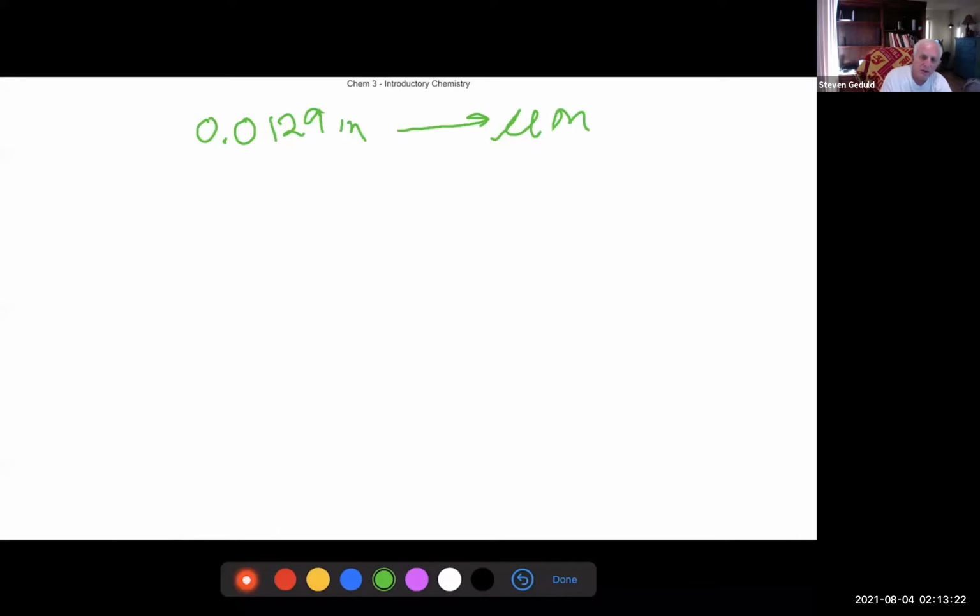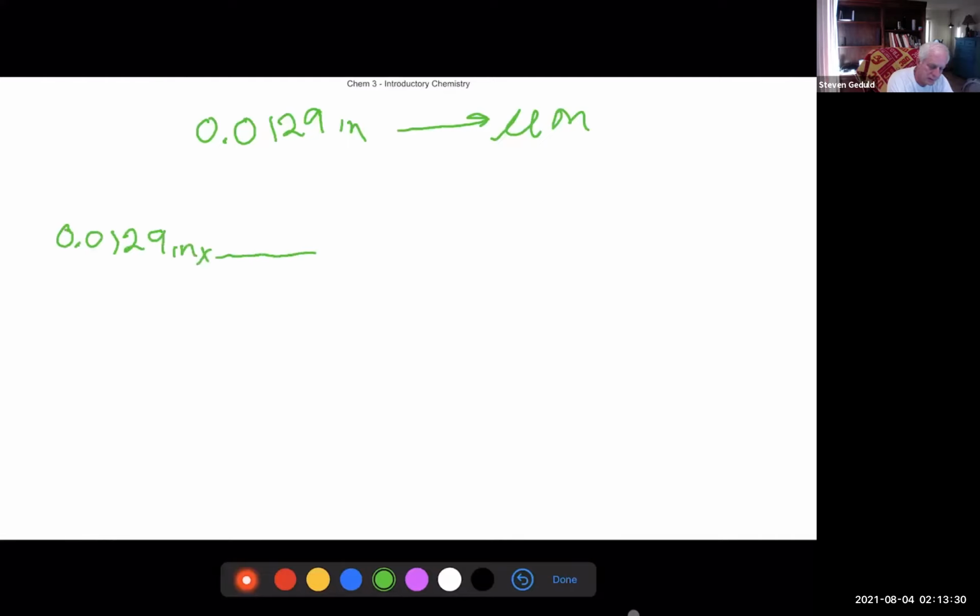So we start with 0.0129 inches. Okay. So what has to go on the bottom? Inches has to go on the bottom. And there's 2.54 centimeters per inch.